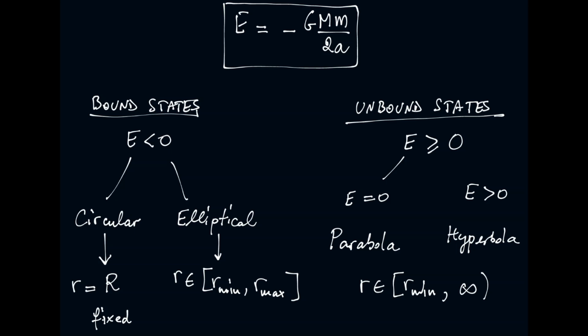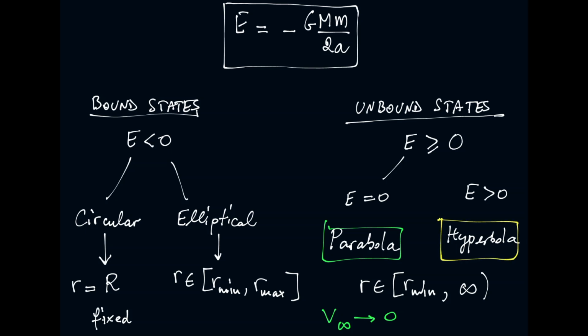That's infinite. In the case of parabolic motion, the speed at which the smaller object reaches infinity is zero. So I do get to infinity, but slowing down all the way to zero at the very end.